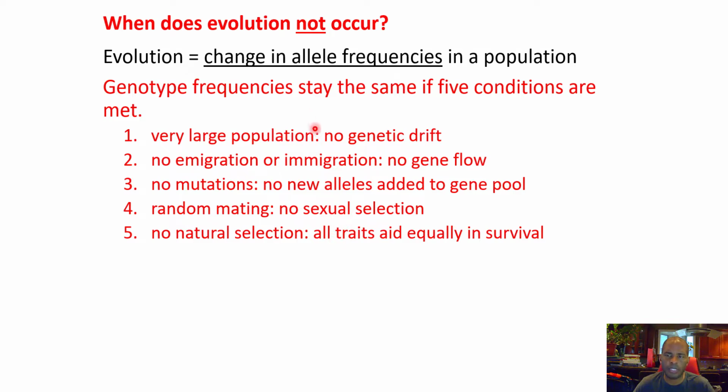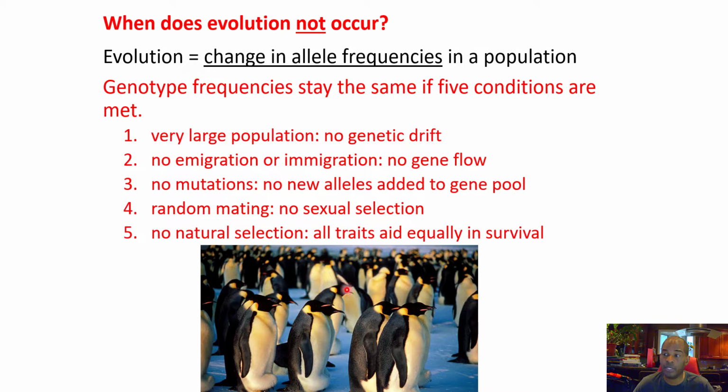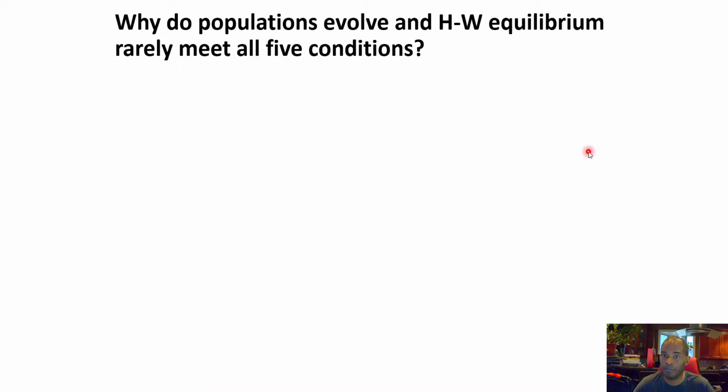If all these things are true, then there's no evolution. But in the real world, this does not happen. In the real world, typically at least one of those things is going to happen, if not 2 or 3.